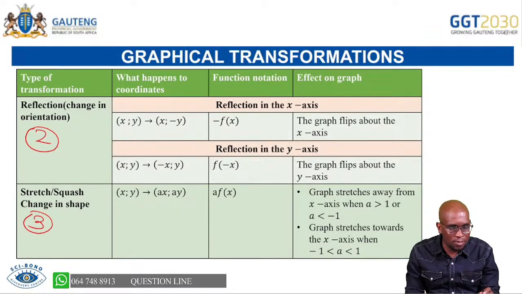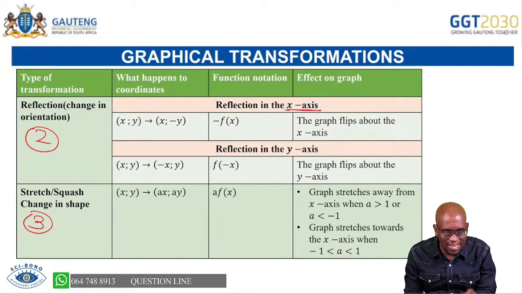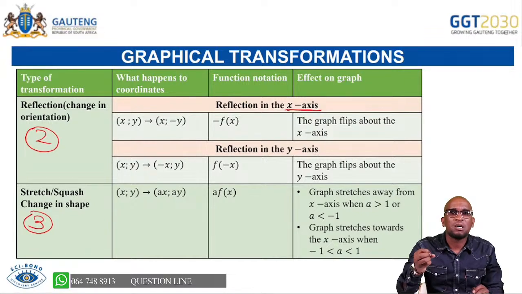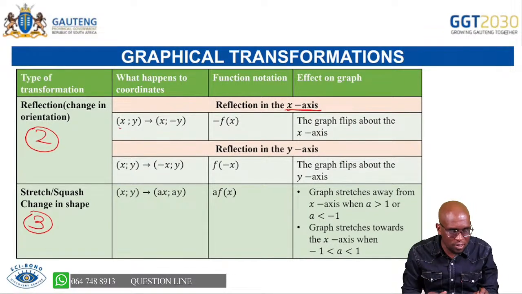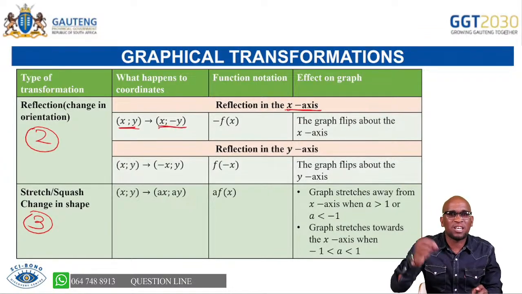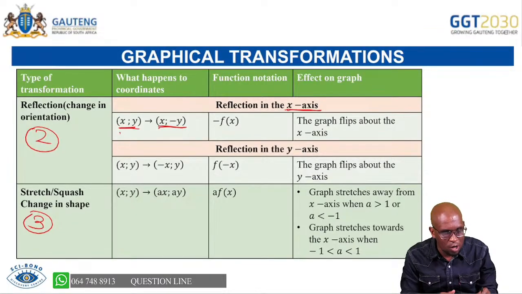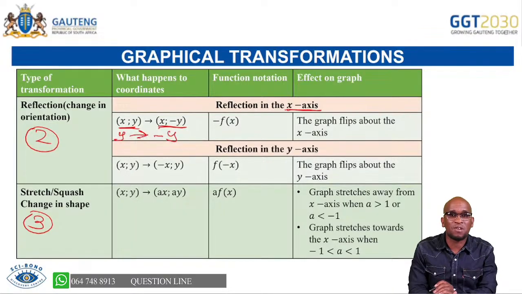Let's look at reflection in the x-axis. When we reflect about the x-axis, then y becomes negative, which means if we have a point x and y, then this point would be x and negative y. So when you reflect about the x-axis, y becomes what? Negative y. That is very, very important.